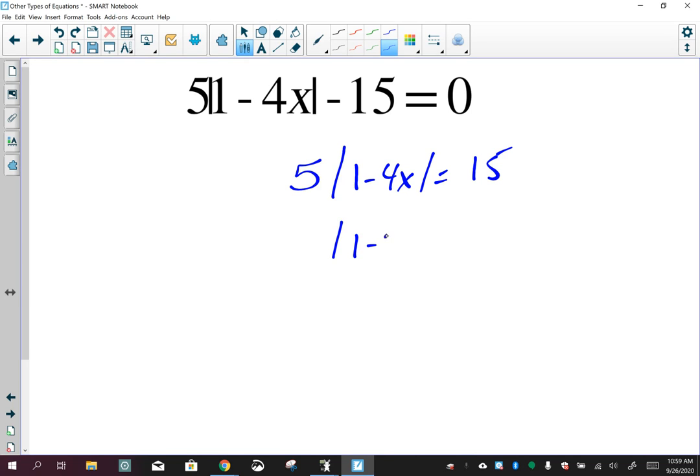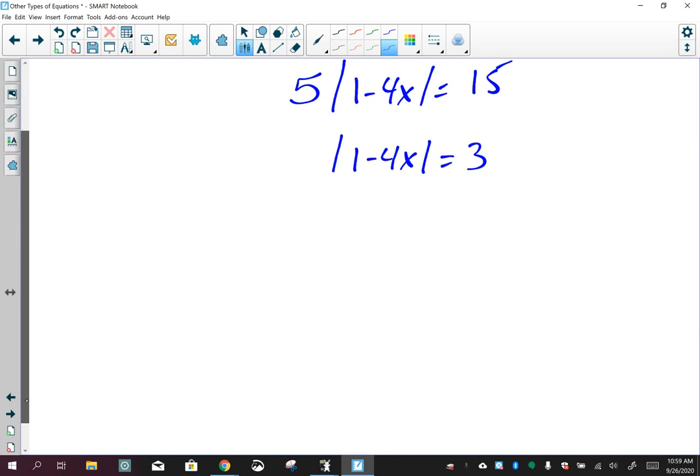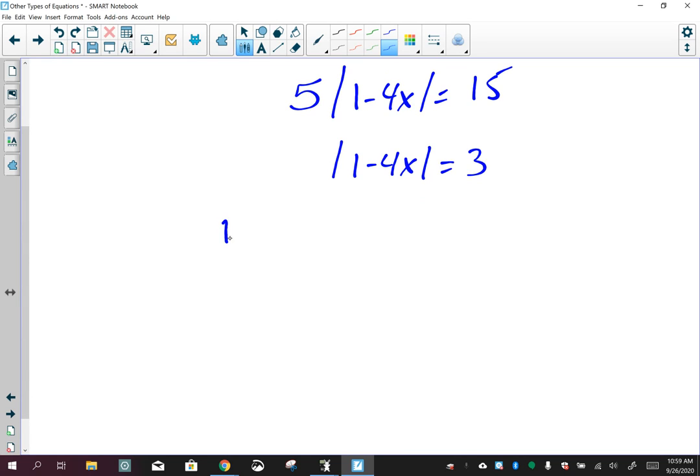So what I'm really looking at is the absolute value of 1 minus 4x is equal to 3. Just like before, I'm going to say 1 minus 4x is equal to 3, and 1 minus 4x is equal to negative 3. And then we're going to solve it.